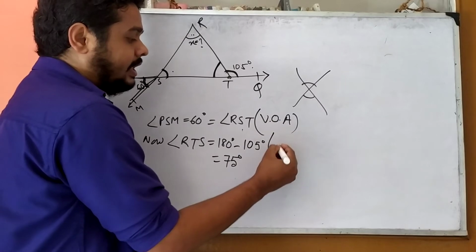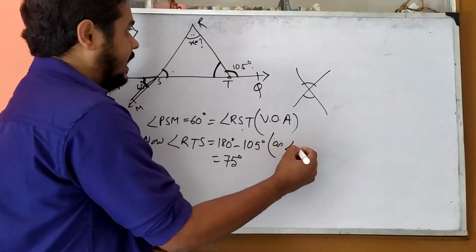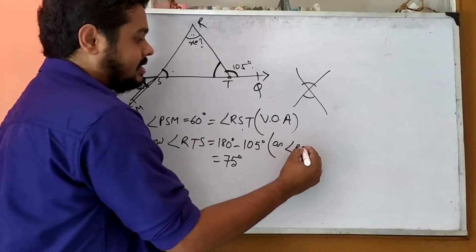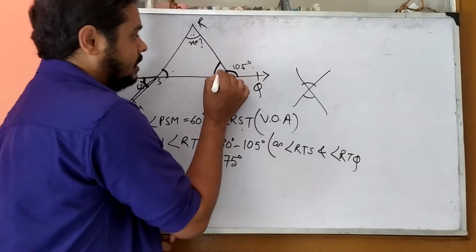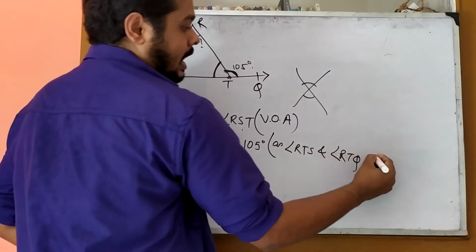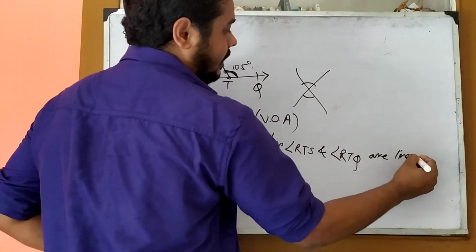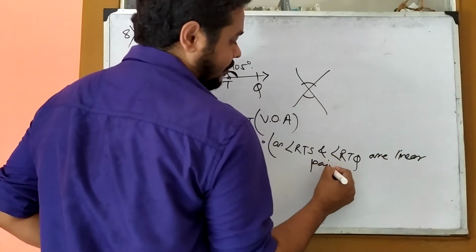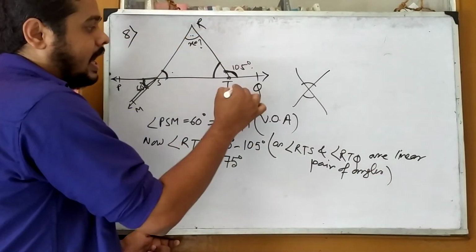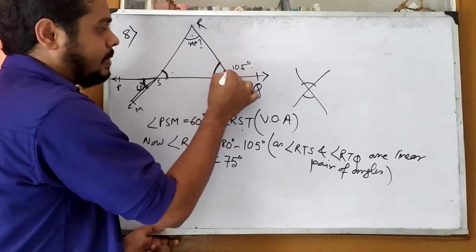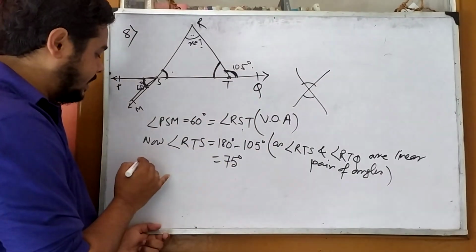By which property? As angle RTS and angle RTQ are a linear pair of angles. You can see RT is standing on this line, so the sum of these two angles is 180 degrees.